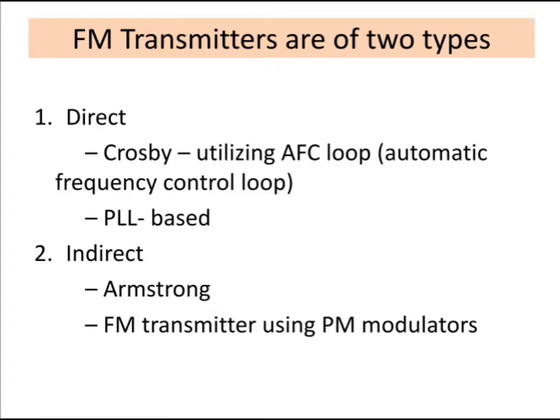Inside the direct transmitter there are two types: the first is by utilizing an AFC loop, which is nothing but an automatic frequency control loop, and the second one is PLL based. The second one is indirect, in which there are two types: Armstrong, and FM transmitter using PM modulators. Okay.